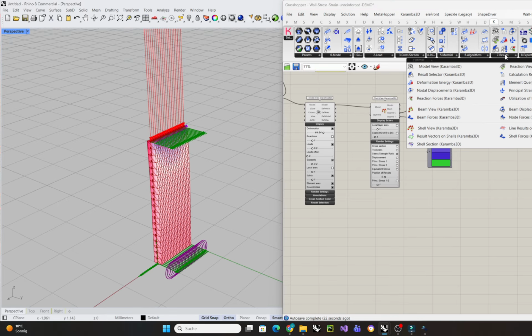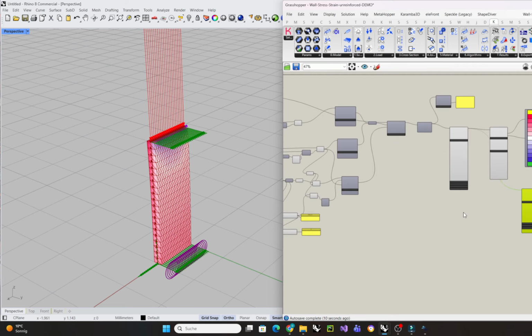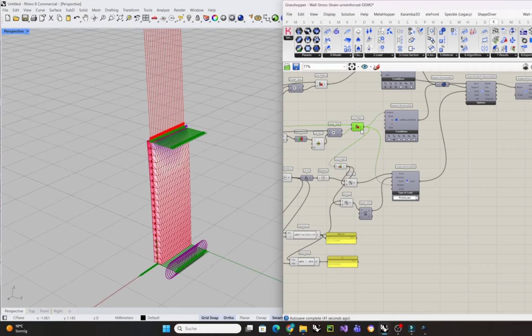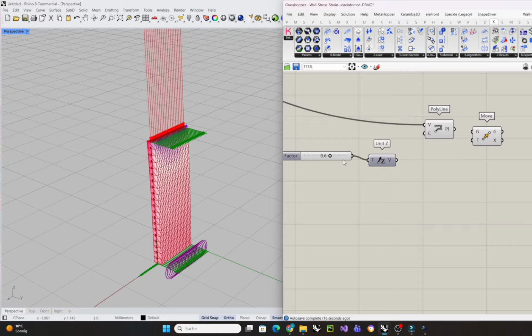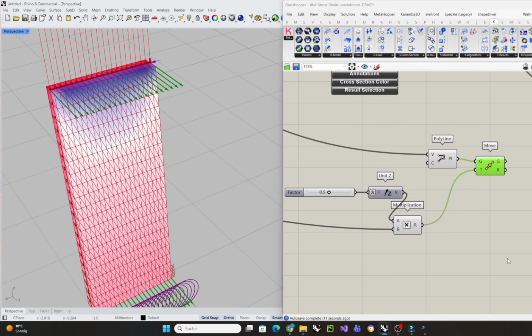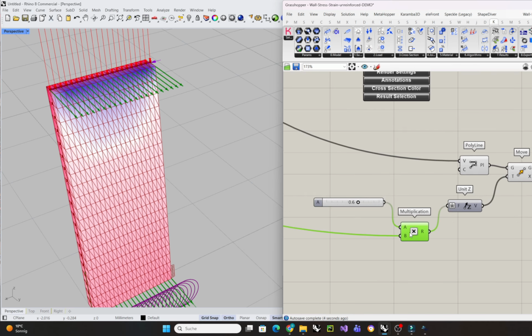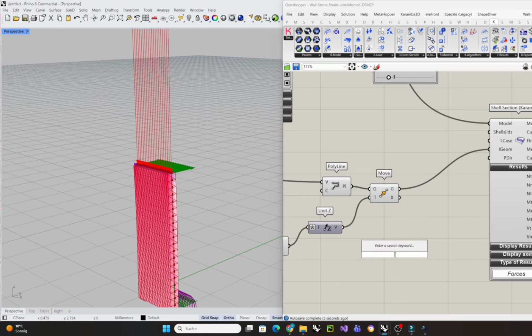For this I will need the shell section. In the y direction I want to see the results.